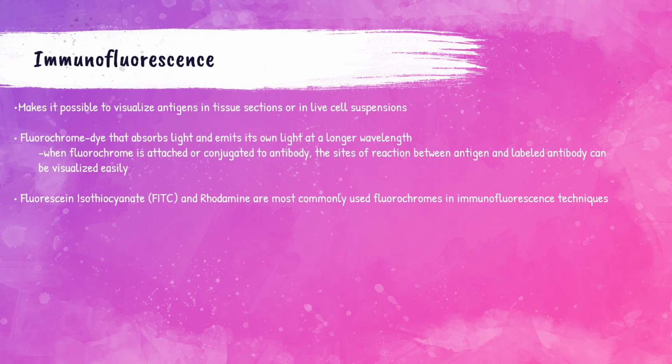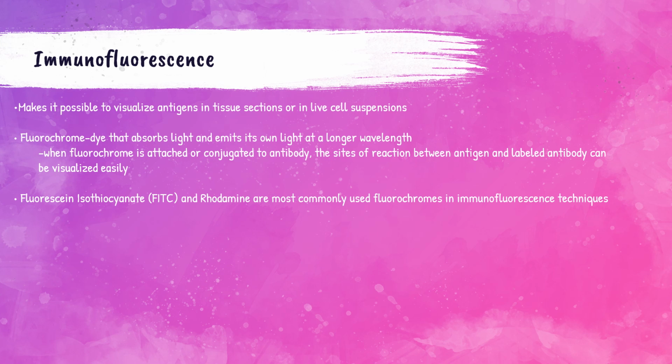This technique uses something called a fluorochrome. This is a dye that absorbs light and then emits its own light at a longer wavelength, and this light emission is called fluorescence. When the fluorochrome dye is conjugated to an antibody, which means it's combined with it, this allows this labeled antibody to be easily seen.